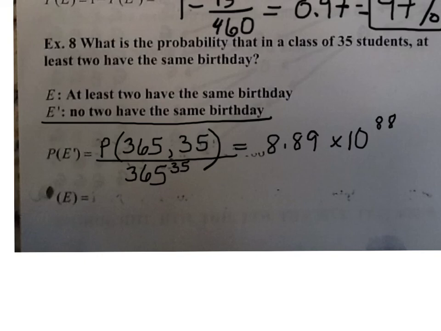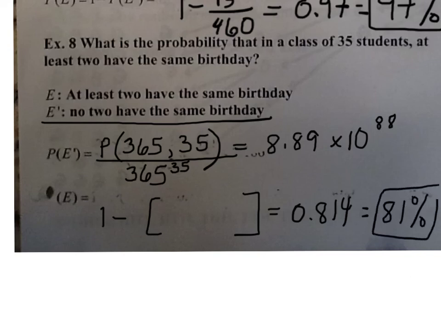So it's going to be kind of a crazy number here. Then what I'm going to do is 100% minus that crazy number that our calculator is going to tell me, and here's what I get. 0.814, or 81% chance that at least two have the same birthday. That's actually a pretty high probability.